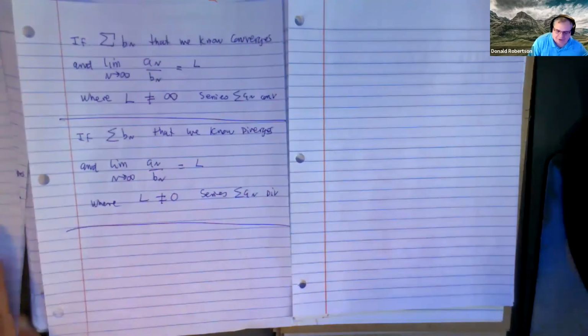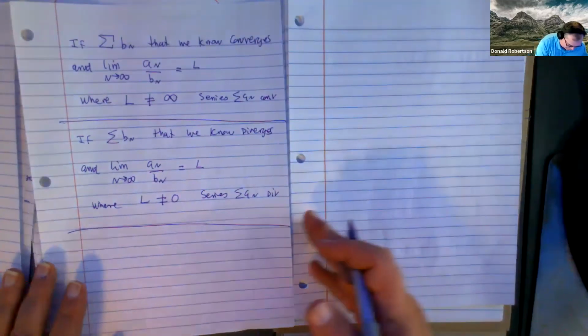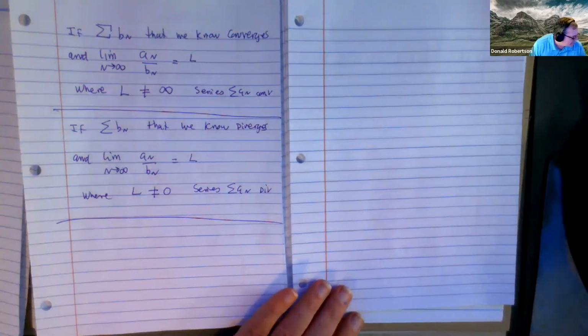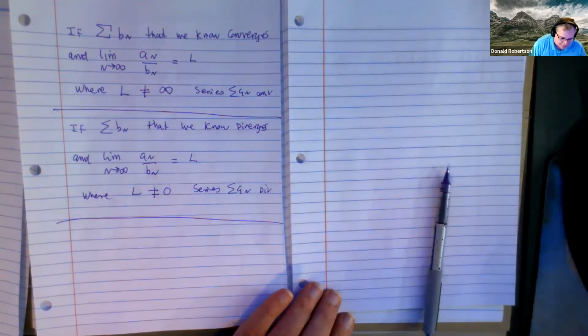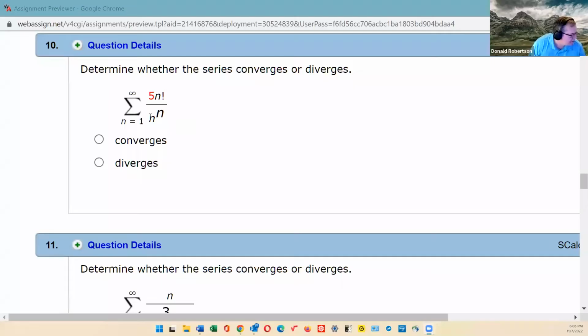There's a lot of algebra going on here and a lot of little things that pop up that we have talked about, but maybe not as much as we should. So let me talk through the next question, because it's very similar to the one that we just did. Do you see this guy with the 5n factorial at the top and the n to the n in the bottom?